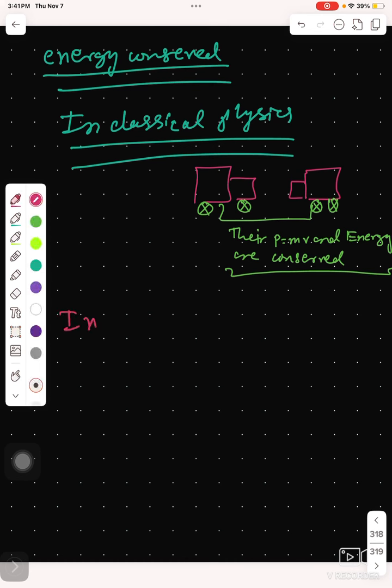In QED it's the same thing. Let's suppose I make a new Feynman diagram.